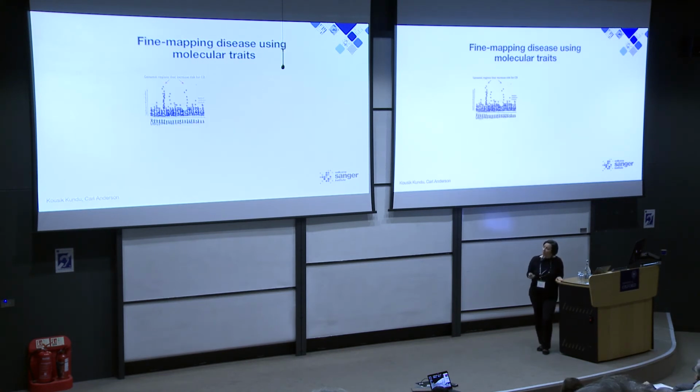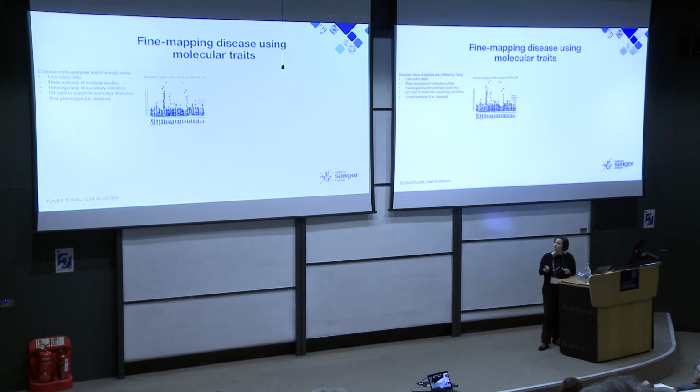When you want to fine-map from a disease GWAS, you are faced with the fact that disease GWASs are inherently very noisy. Individual variants have lower odds ratios. They are typically meta-analyses of multiple studies with a lot of underlying heterogeneity in the way the samples are processed. There is heterogeneity in summary statistics. It's hard to match LD from summary statistics, and you're also dealing with one phenotype at a time.